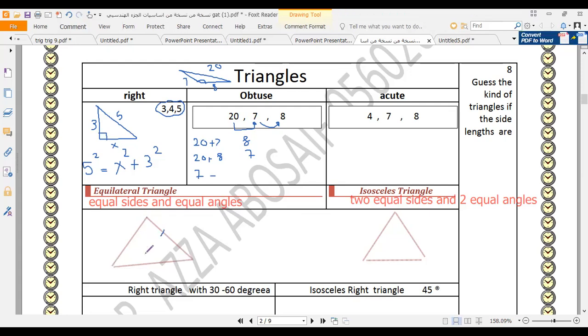All sides are equal, so all angles are also equal. So what is the measure of each angle here? As the angles sum to 180, each will be 60.